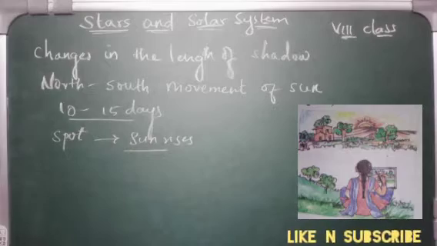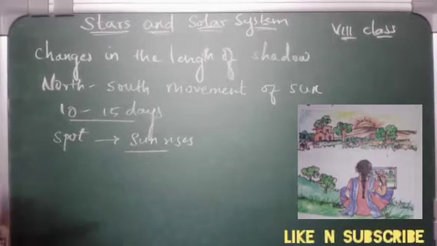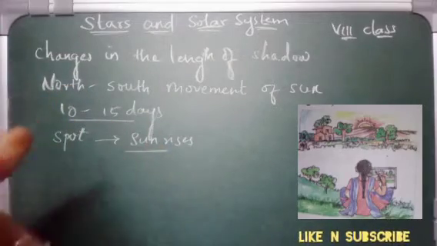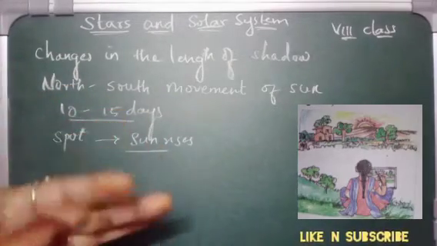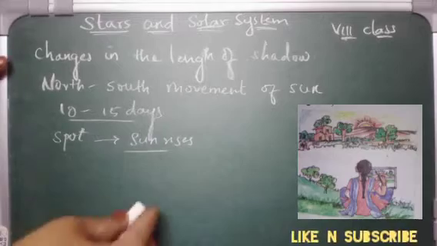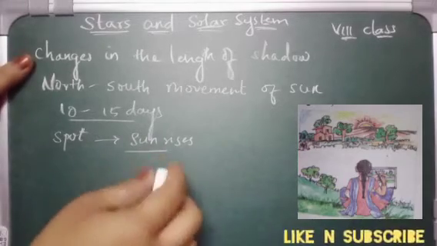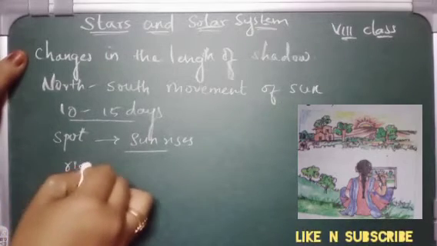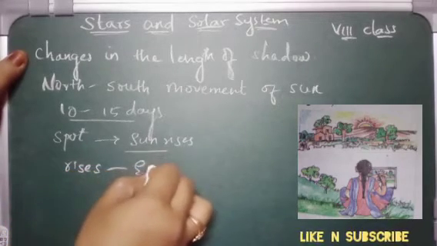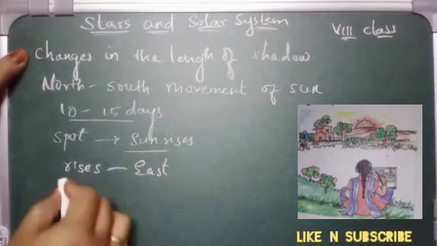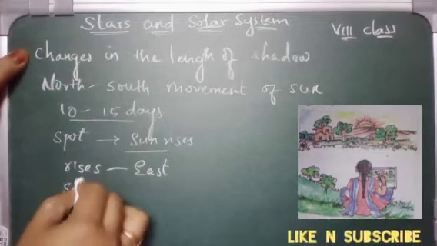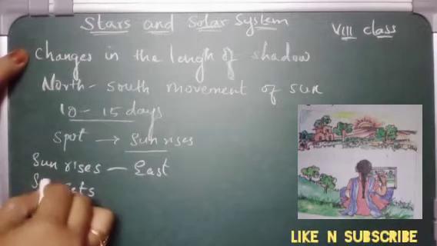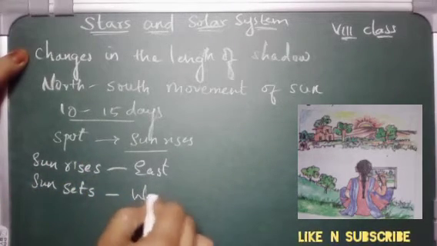I think everyone knows which side is north, west, south, and east. Wherever the sun rises, that is east, and the opposite side, where the sun sets, is west.